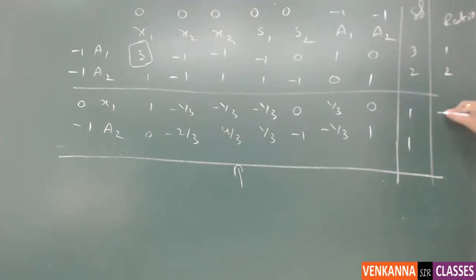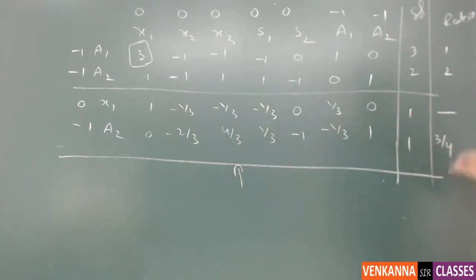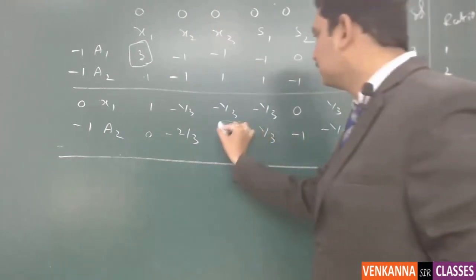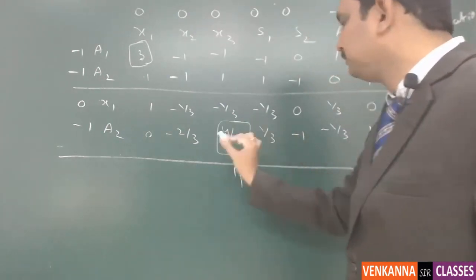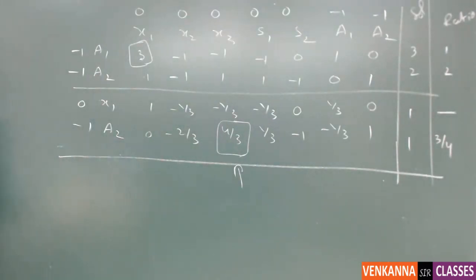So we avoid the ratio here. Whenever negative or undefined things comes, we avoid that. Again, if you divide with this thing, this is 3/4, the minimum ratio, this is the pivot element. So while taking the minimum ratio, we avoid negative and as well as undefined things. Clear to all?